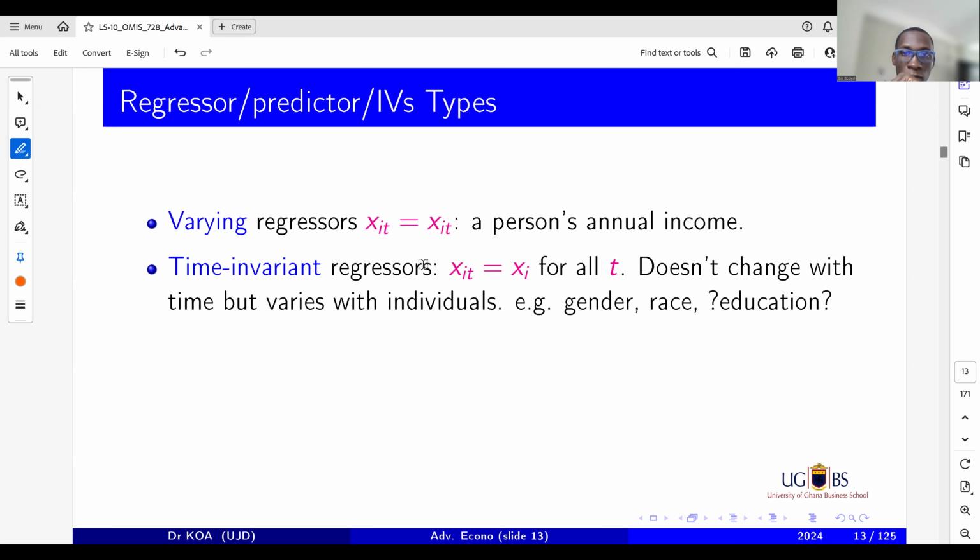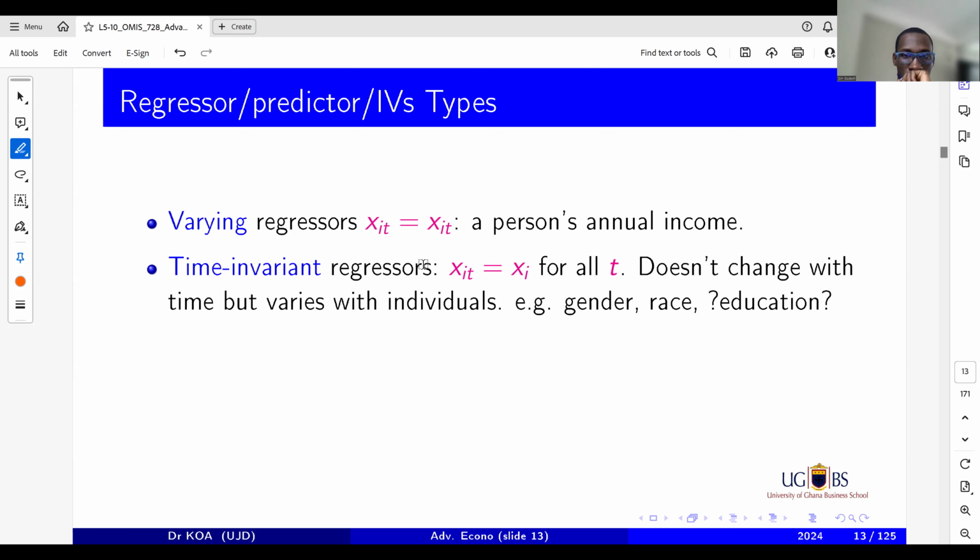So I don't think that a person will change his gender every year. Generally, people don't do it. So gender is fixed over time. Over time, it's not changing. But it differs across individuals. The gender in the world is not one. It differs from person to person.